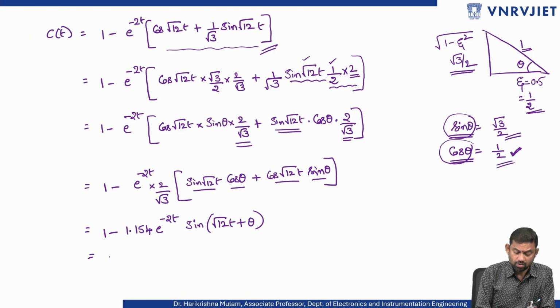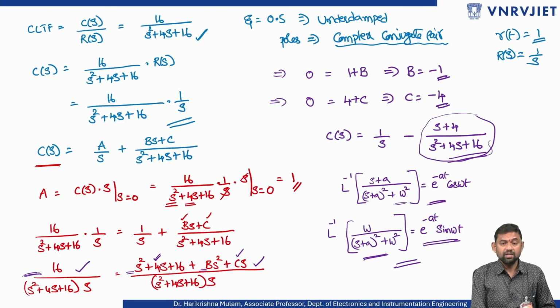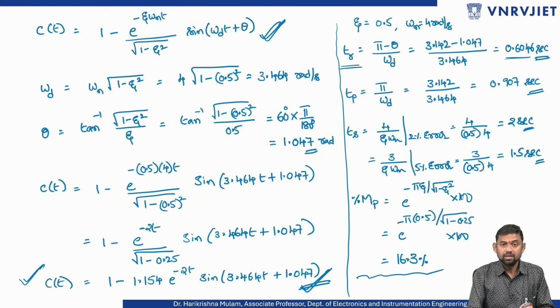That is equal to 1 minus 1.154 into e power minus 2t sine of root 12 is equal to 3.464 into t plus theta.